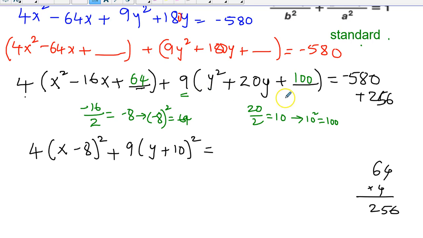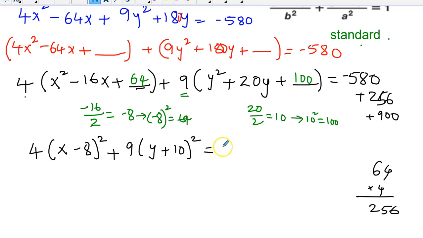So because you added 900 on the left hand side, we have to add the same 900 on the right hand side. So now I think everything is balanced. Whatever we did to the left hand side, you did the same thing to the right hand side, and also those expressions are obtained like (x minus h) whole square and (y minus k) whole square.